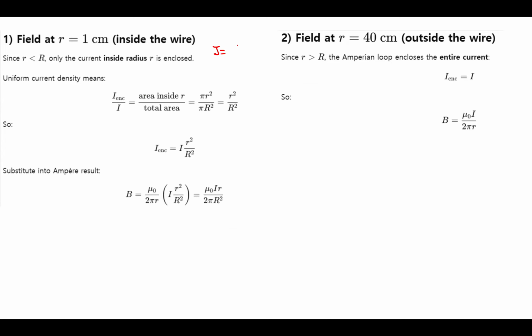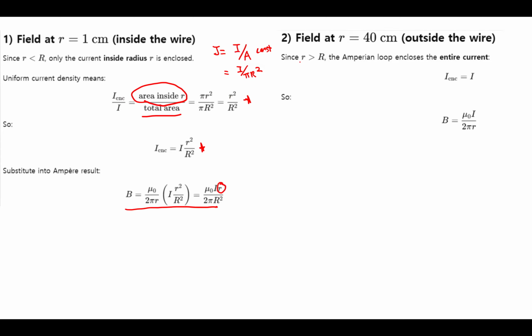J is given by I over A, which is a constant, I over pi R squared. And then the enclosed current is given by the ratio of the area inside the radius r to the total area. So the enclosed current is given by this one, and the magnetic field is proportional to the radial distance.